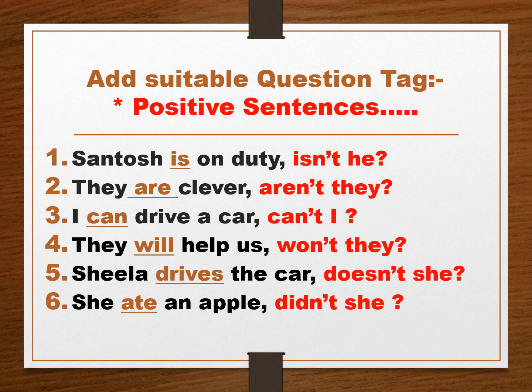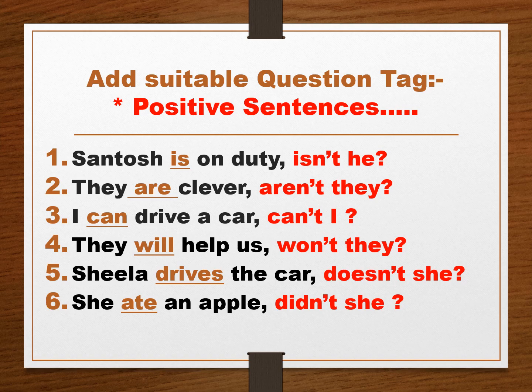We have to split the verb. If you split the verb drives, it's nothing but does plus drive. Since it is in present tense, we make use of the dummy auxiliary does plus drive. Then we'll get the auxiliary verb which is not there in the sentence.